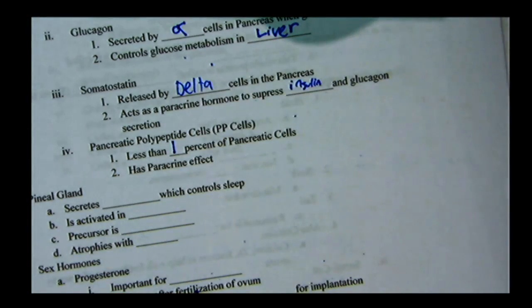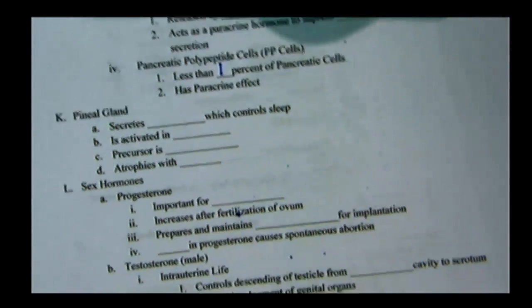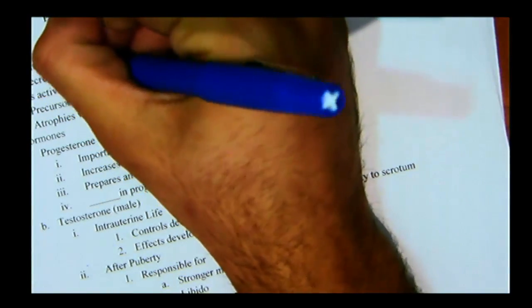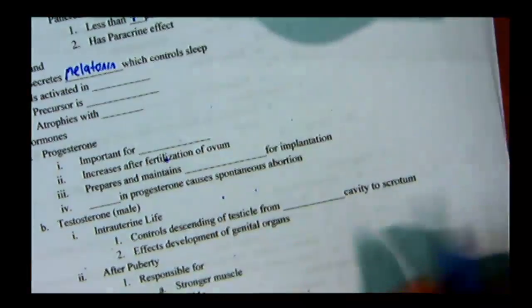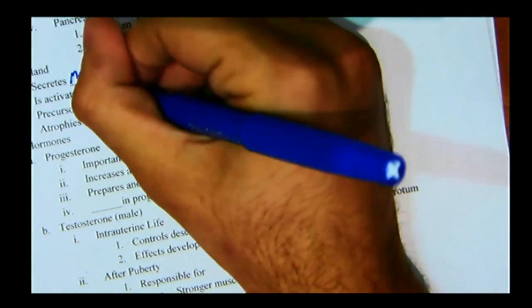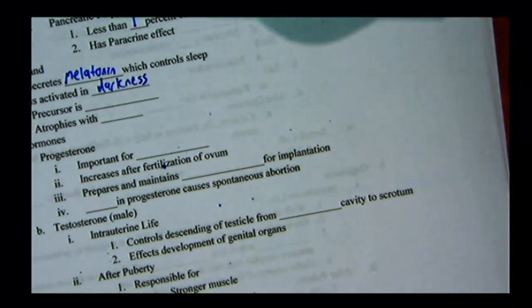So now we're at the pineal gland. It secretes what, which controls sleep? Melatonin. Is activated in darkness. That's why a lot of people have insomnia when they watch a lot of Netflix, because the light from your screen stops you from thinking that it's night.